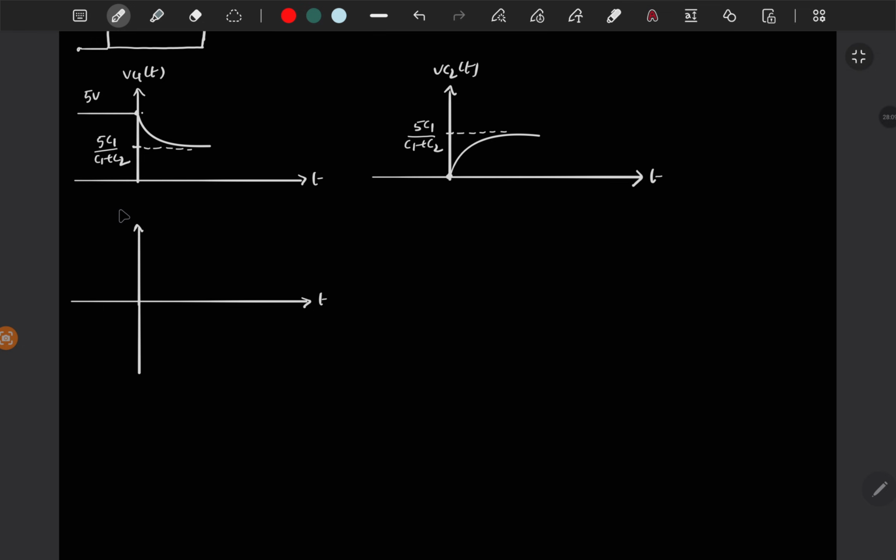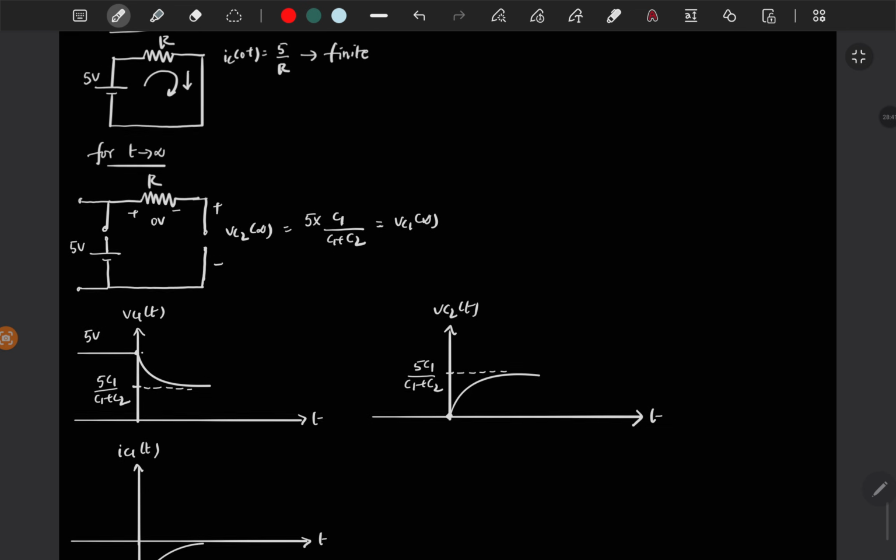So this is t, IC1 of t, and this is negative, and finally this will go to 0, and this magnitude is just the capacitor value C1 times the difference between these two, 5C1 by C1 plus C2 minus 5, times 1 by time constant.